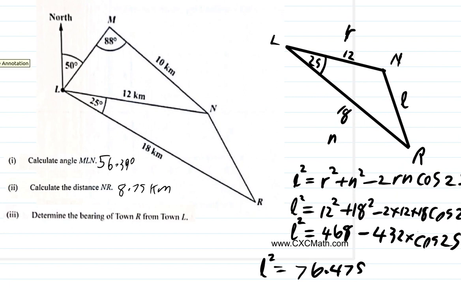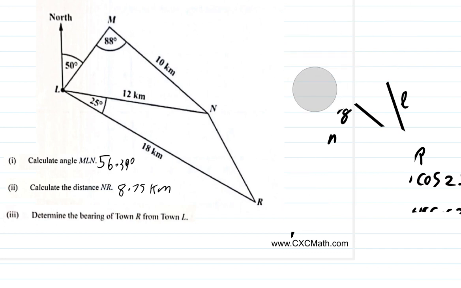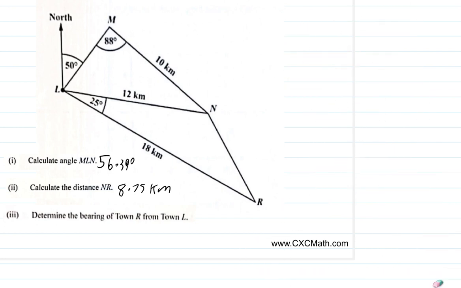Let's just erase the working that we have here. Now, the bearing of R from L. Remember, when you say the bearing of R from L, it means L is where you have the north line, and then the arc showing the angle from the north to the line that joins R and L. So that is what you're going to find.